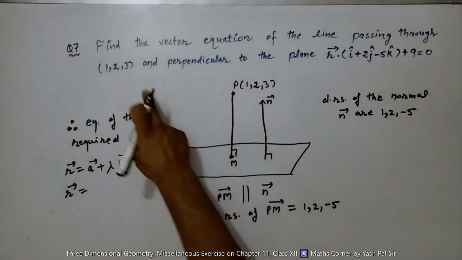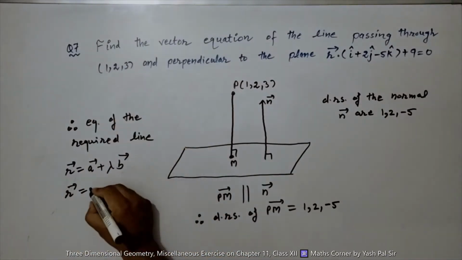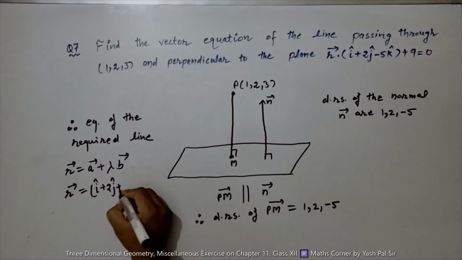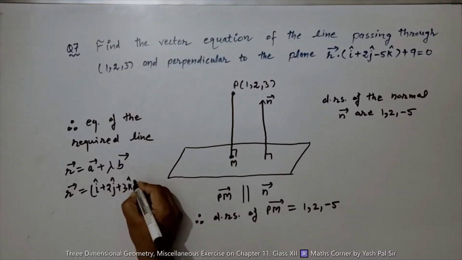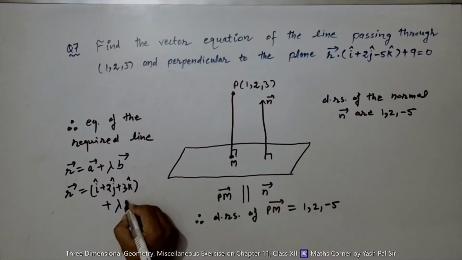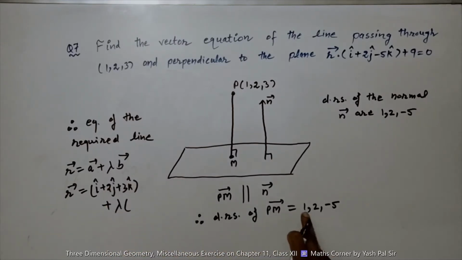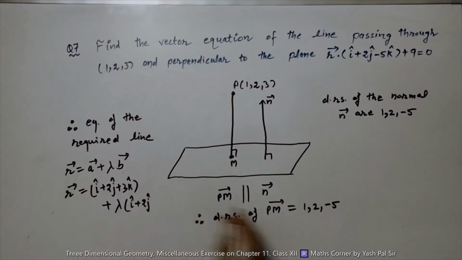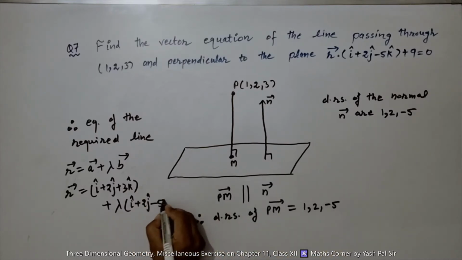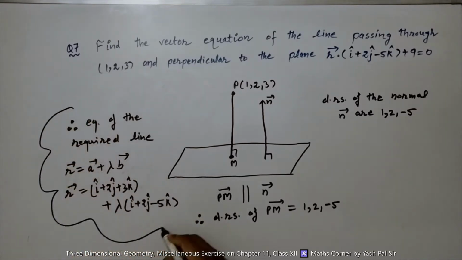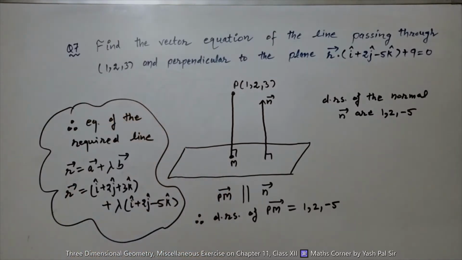This is clear in the question. What is vector a? This is i plus 2j plus 3k plus lambda. What is vector b? That is i plus 2j minus 5k. So this is the required solution to the question.